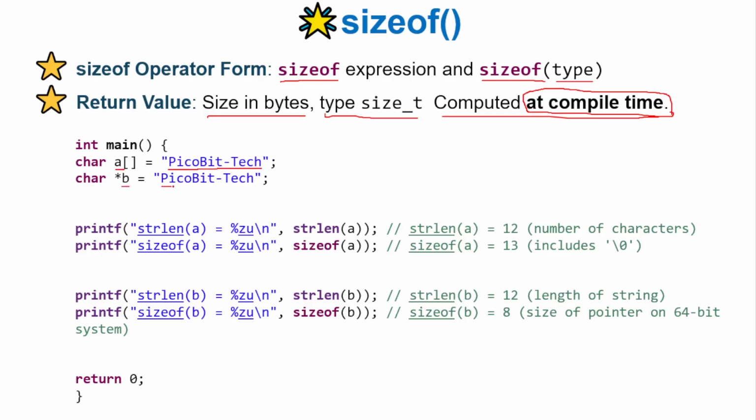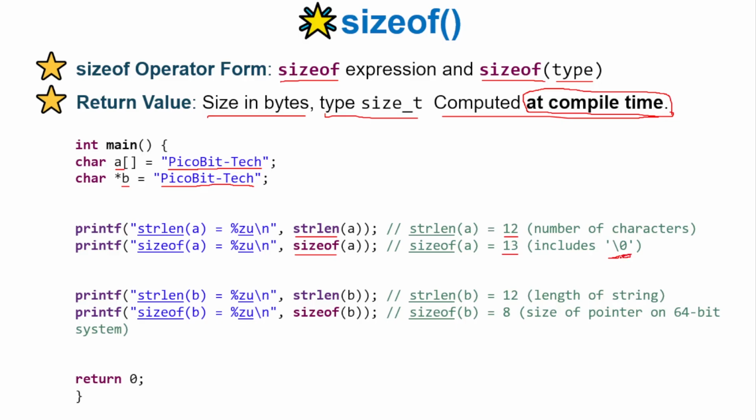The string picobit tag contains 12 visible characters, so the strlen function returns 12 because it counts only the characters up to but not including the null terminator. However, sizeof(A) returns 13 because the array stores all 12 characters plus the hidden null terminator at the end.